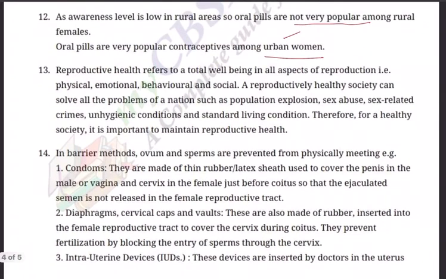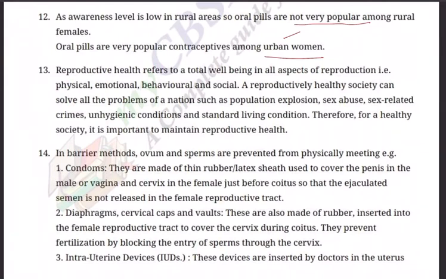Next, diaphragms, cervical caps and vaults. These are also made of rubber and inserted into the female reproductive tract to cover the cervix during coitus. They prevent fertilization by blocking the entry of sperms through the cervix.